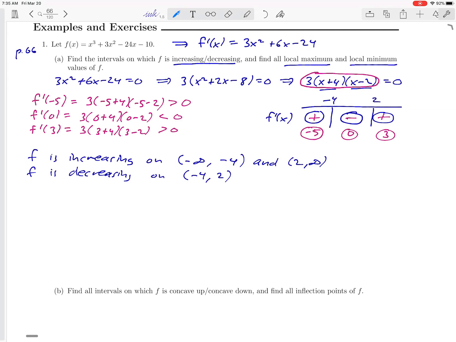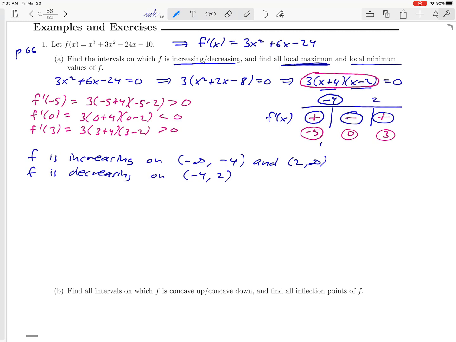Okay, and so we've answered the first part of this question, and we're ready to move on and answer the question about local max and local min. Well, we can answer those questions by examining our chart and reminding ourselves what that means. So I'm going to focus first on the number -4. That was one of our critical points.